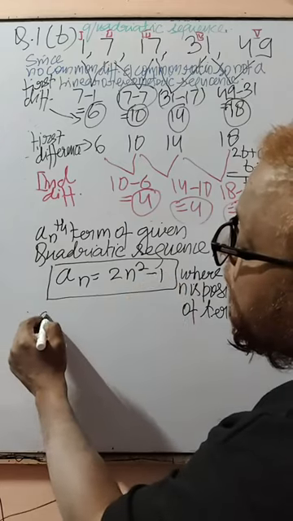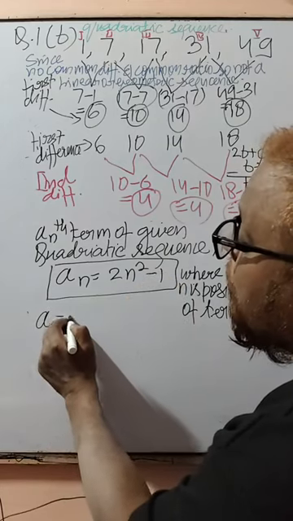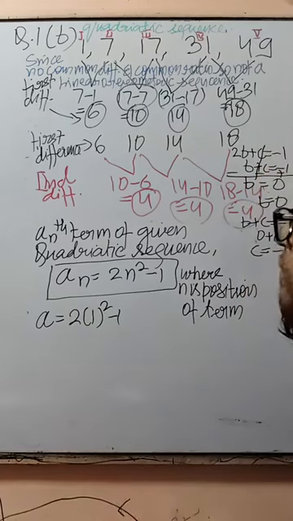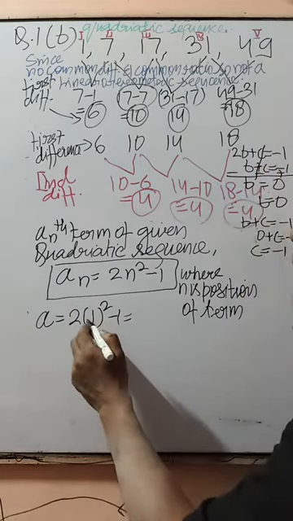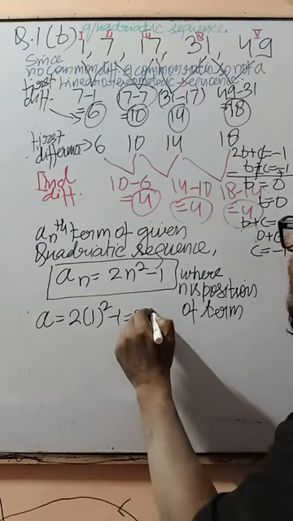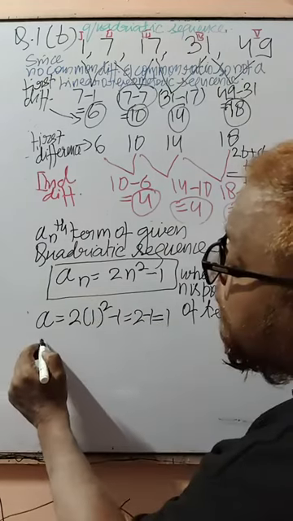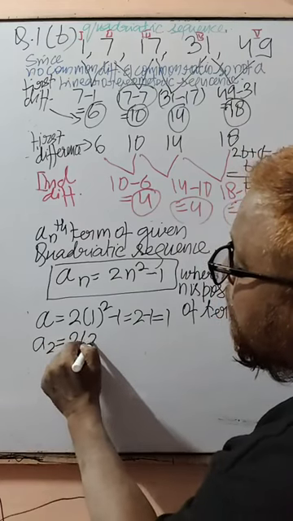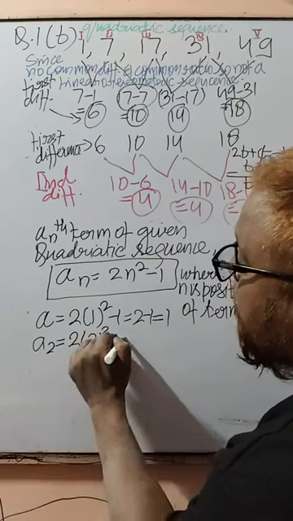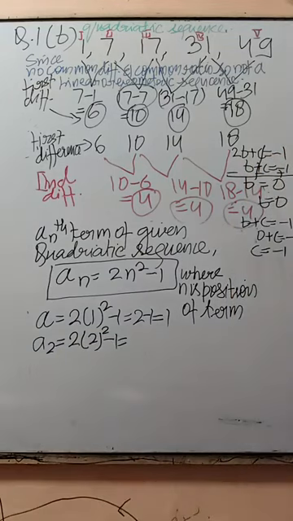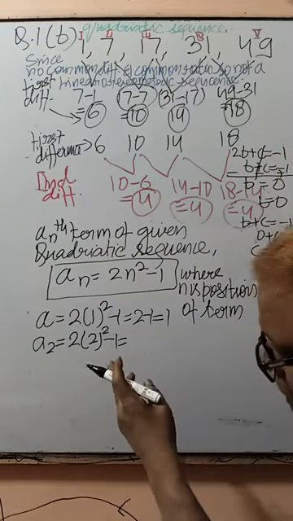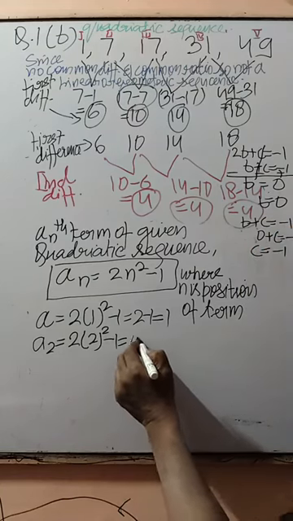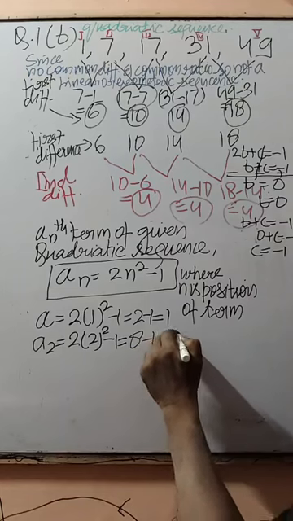So a1 is equal to 2 into 1 squared minus 1. 1 squared is 1, 1 into 2 is 2, so 2 minus 1 is equal to 1. Now a2 is 2 into 2 squared minus 1. 2 squared is 4, and 4 times 2 becomes 8, minus 1 is equal to 7.